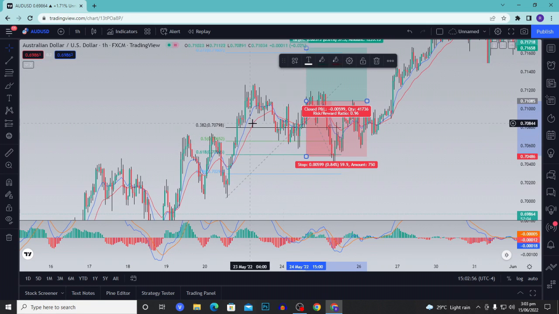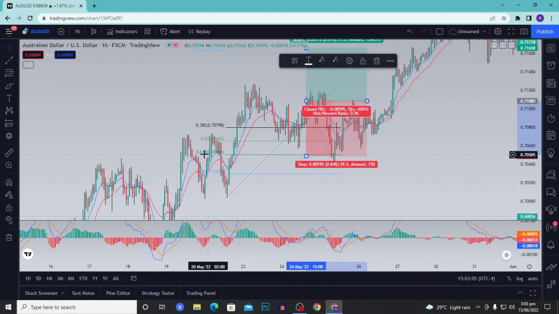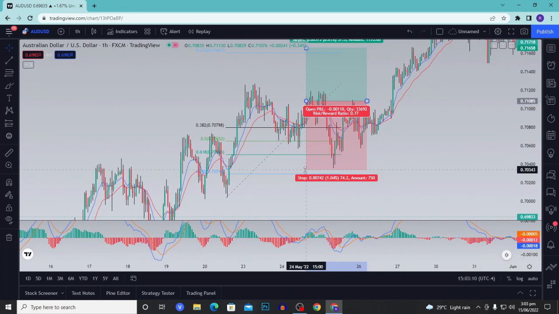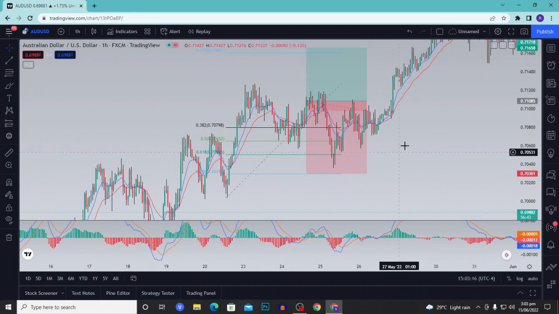Since we entered the trade above the 0.382, the stop loss would have been around the 0.618, or if you want to be 100% safe, you put your stop loss at the 0.786 right here.